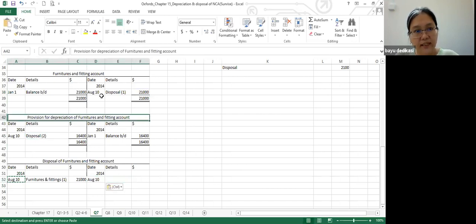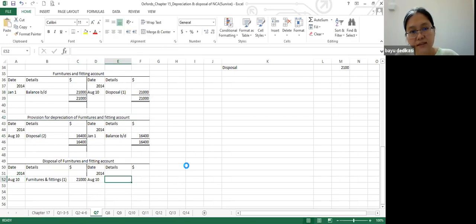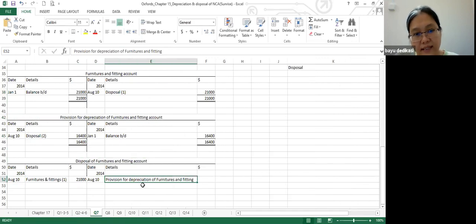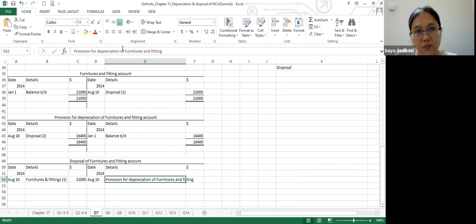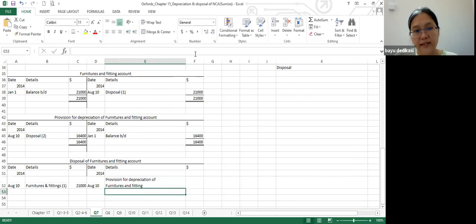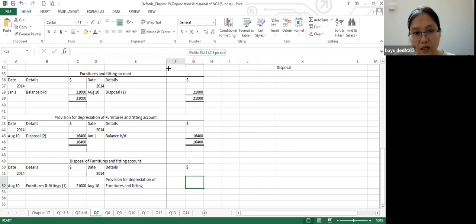So we put the provision for depreciation. If in the exam the wording is too long, you just write provision for depreciation. If the space is not enough, you can put it into 2 rows like this, so that at least you write the complete account.